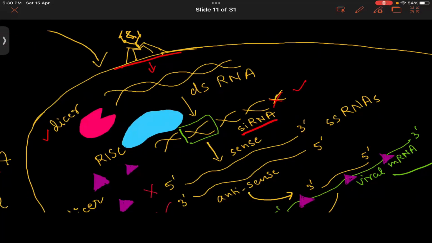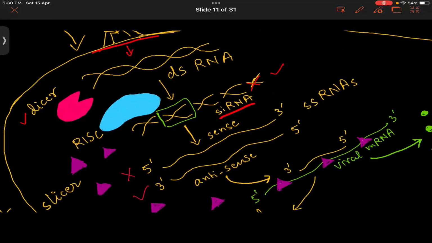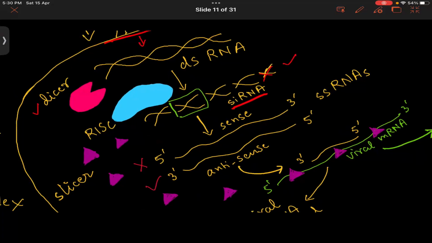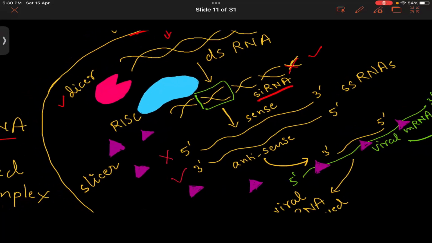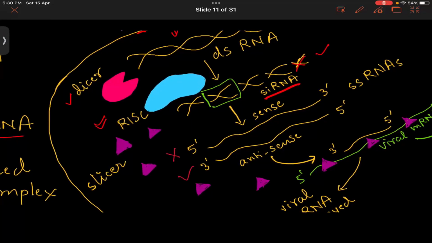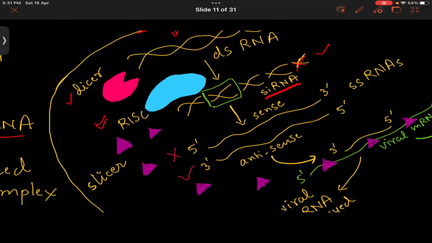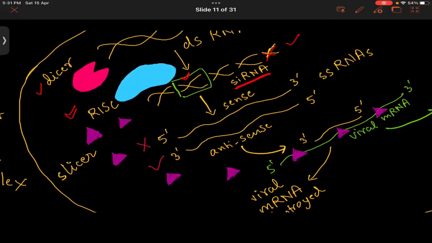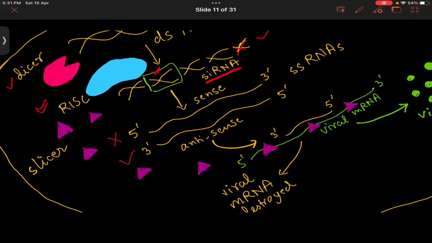Then another enzyme complex, a very big enzyme complex consisting of a variety of enzymes, called RISC complex, comes and binds to one of the siRNAs. So say the RISC complex comes and binds to the siRNA that is highlighted within the green box. Okay, so once the RISC complex binds, it unwinds this particular double-stranded RNA.